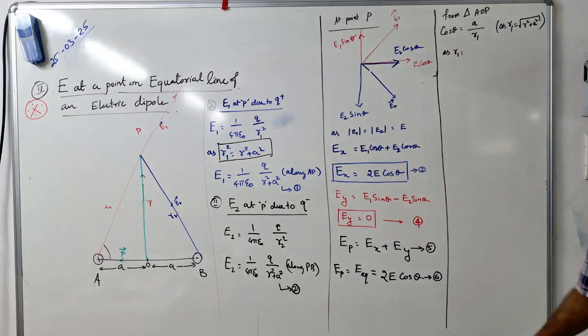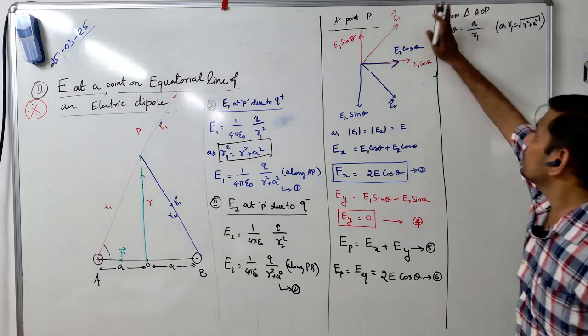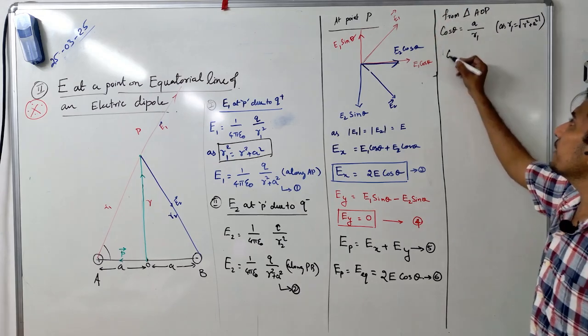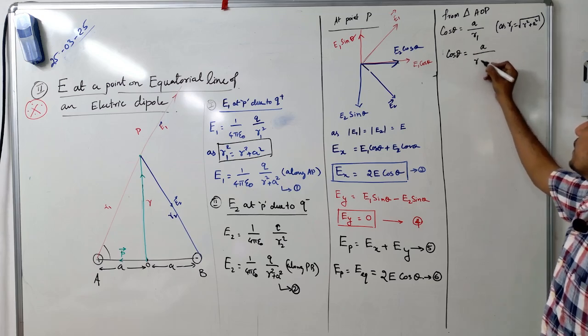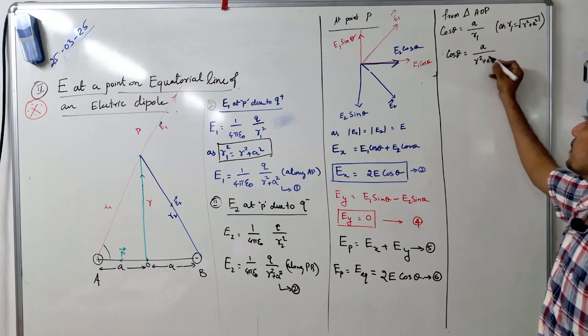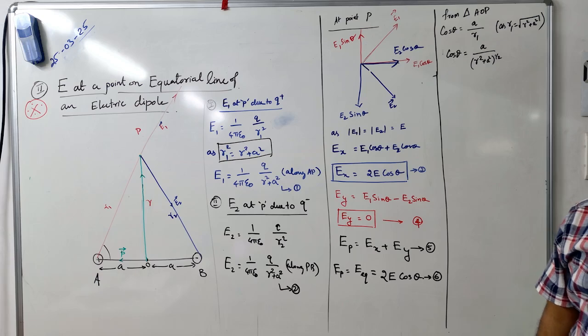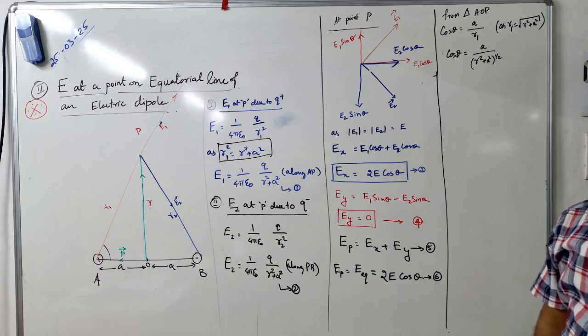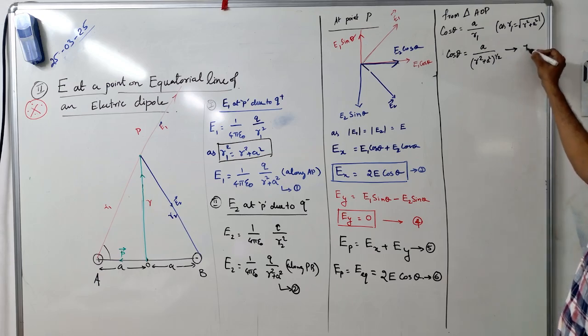So I can write cos theta is equal to A divided by (R squared plus A squared) whole power 1 by 2. I am writing this in the root form. So this is going to be equation number 7.